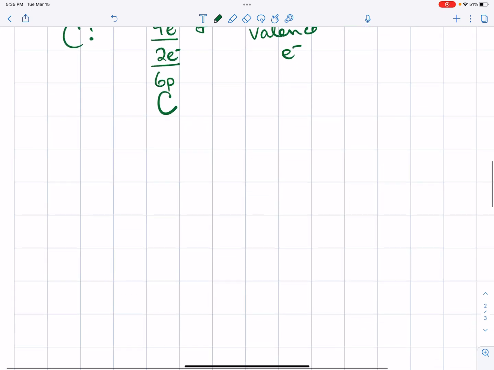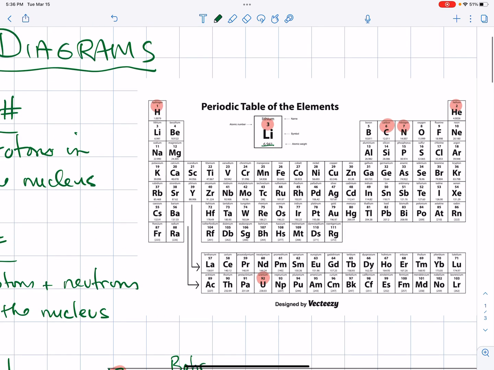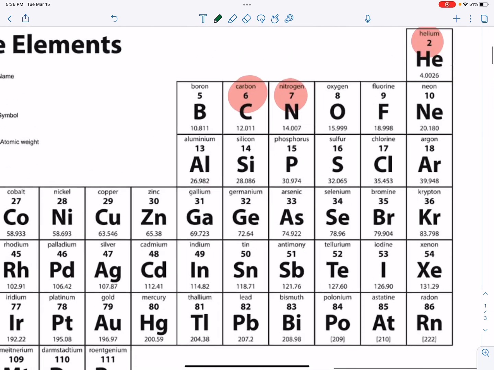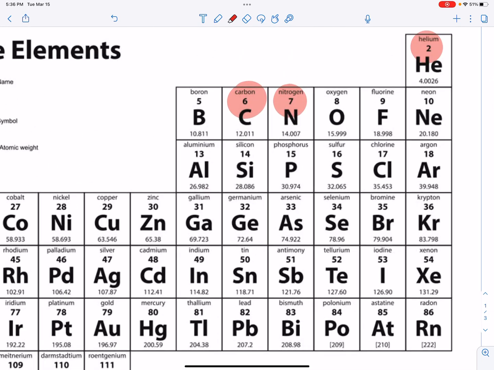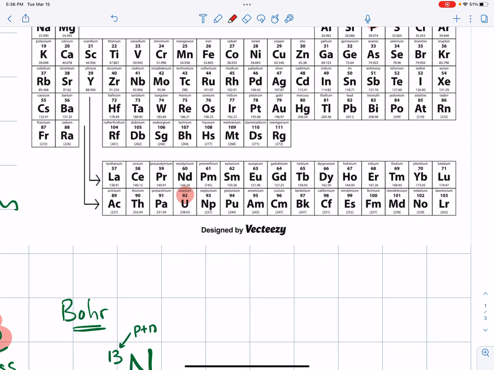Let's do the same thing this time for phosphorus. Write the energy level diagram for phosphorus. So we glance at phosphorus on our periodic table. Phosphorus has an atomic number of 15. So it has 15 protons in the nucleus.